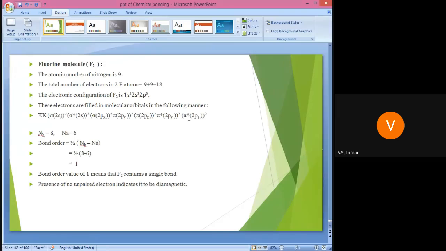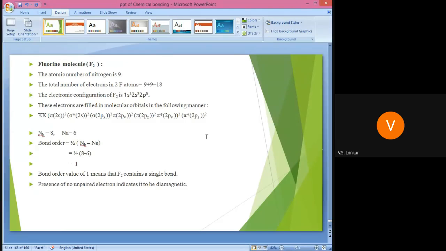Then find out whether the electrons are paired or unpaired. In the last molecular orbital, pi star 2pz, there is no unpaired electron. All electrons are paired, which means it is diamagnetic in nature. Got it?